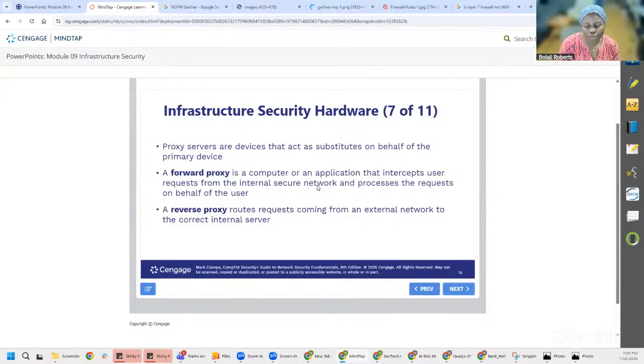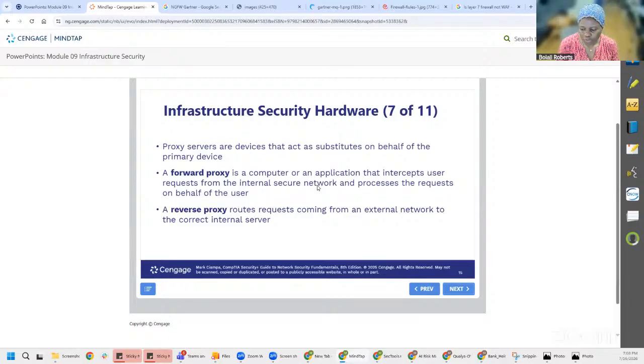And these are often used for several security reasons. There are several use cases. For example, you have a forward proxy. A forward proxy is a computer or an application that intercepts a user's request from the internal secure network and processes that request on behalf of that user.